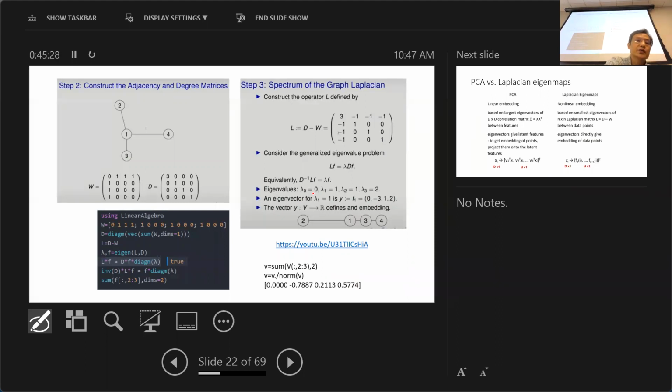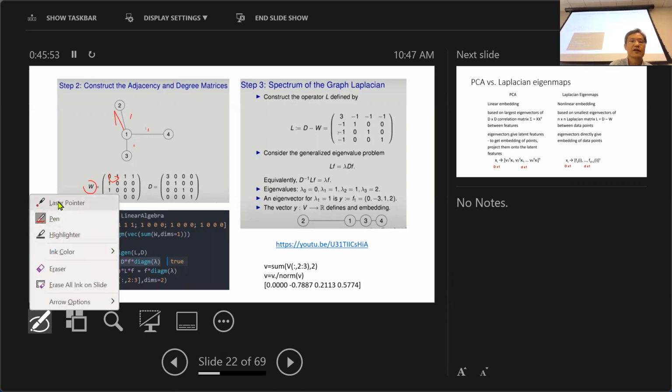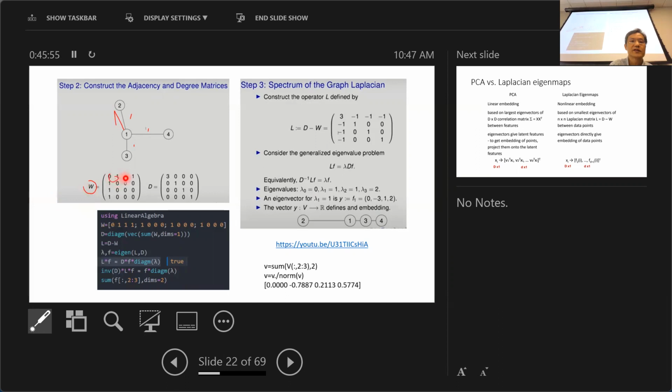So the weight between all the data points is given by just 1. This is a very simplified version of the weight matrix. Every link has a weight equal to 1. Because 1 and 2 are linked, position 1, 2 has a value, and also 1, 3 are linked.